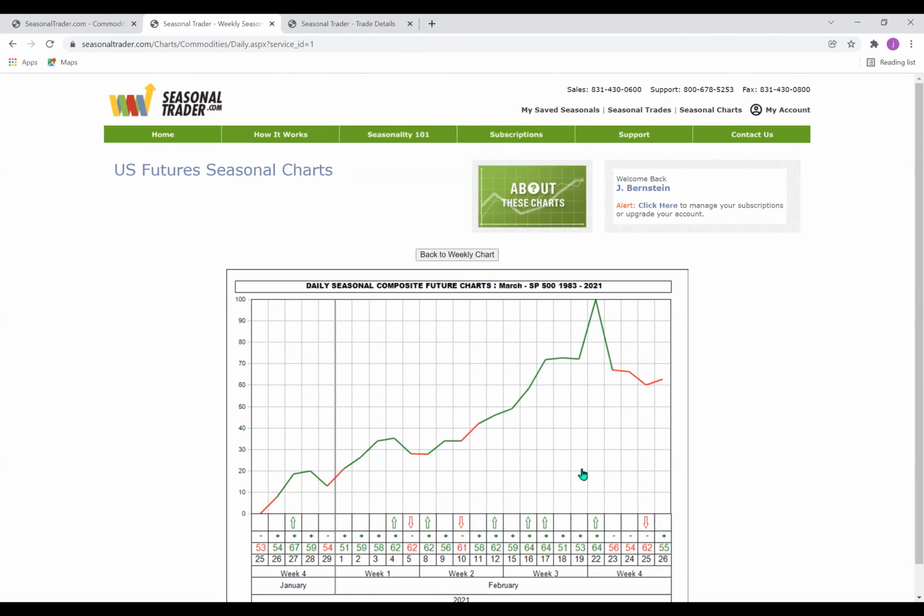Now we look at the calendar and we see everything day by day. The green arrow, percentage of time up for the day. Red arrow, percentage of time down for the day. Today is the 7th, so we'll be somewhere here between these two. And this shows the beginning of the move that starts today and continues until about the 22nd of the month.